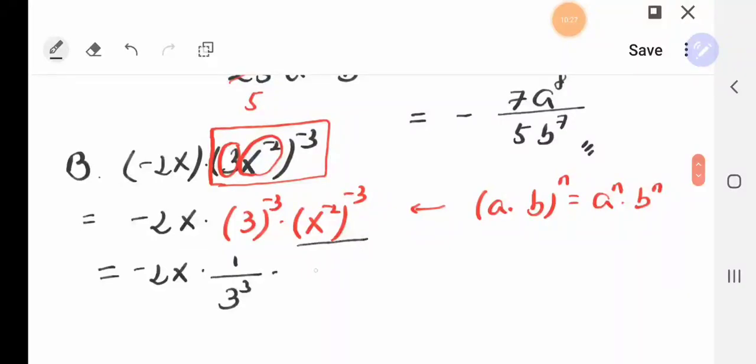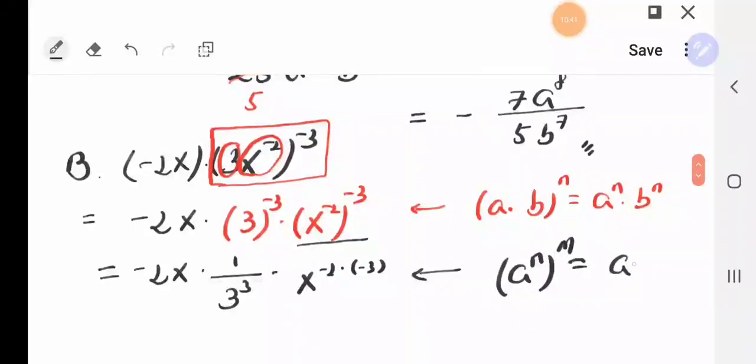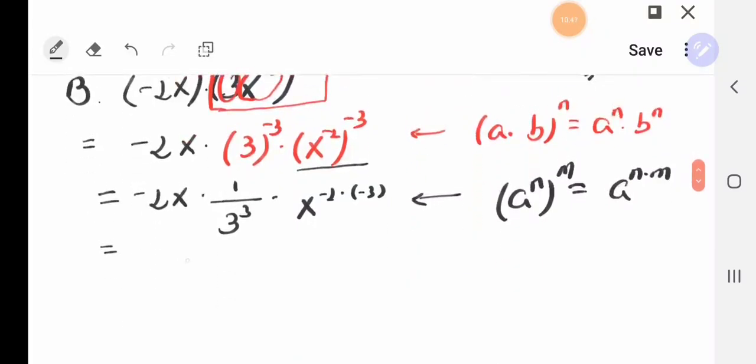And this part, multiply the exponents, -2 and -3, because this is a power to another power. So if the base is a to the nth power and raised to the nth power, then the result is a to the n times n. Multiply the exponents. Now reduce it. The result is negative. The numerator contains 2x.